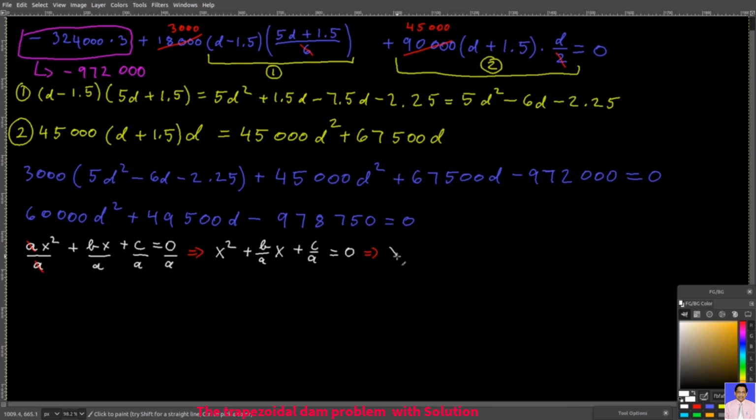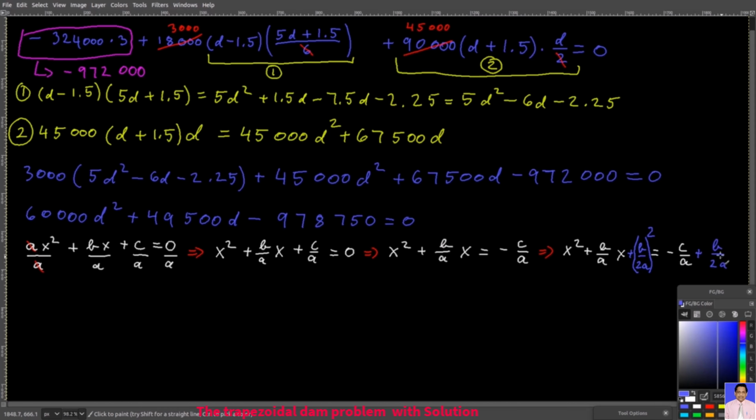Then I will write it like this: x squared plus b over a times x equals minus c over a. And now what I will do, on both sides of the equation sign, I will add plus b over 2a squared, and here as well, plus b over 2a squared.